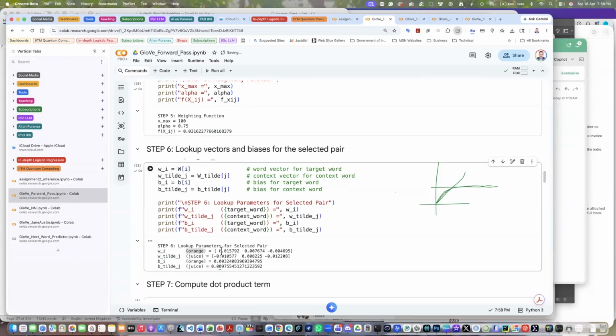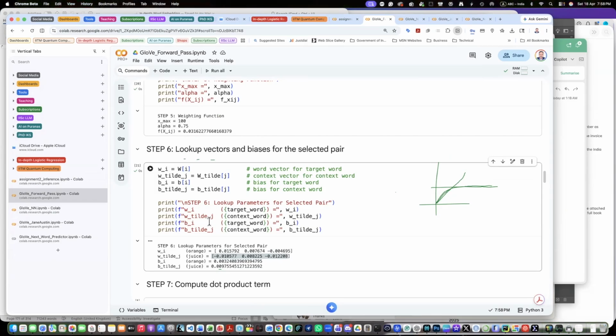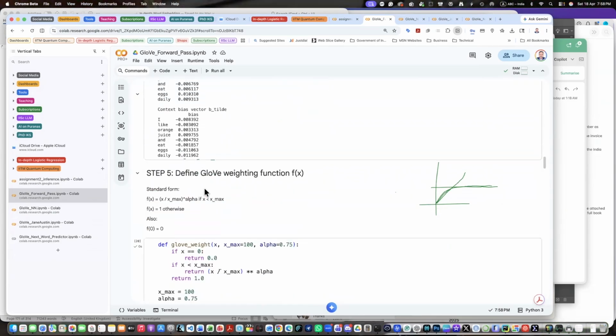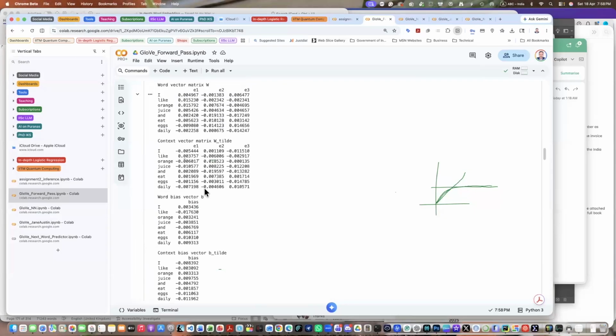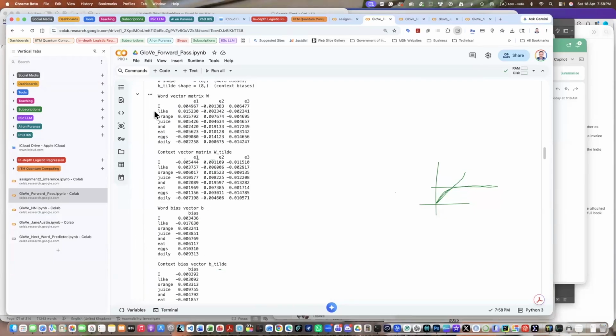For orange, this is the w vector, and for the context word, this is the w tilde vector, and the bias terms are like this. As I showed you last time, in the previous skipgram and CBOW we used one-hot encoding to extract this. Right now we're not using one-hot encoding, because I have the representation of every word in a matrix itself.